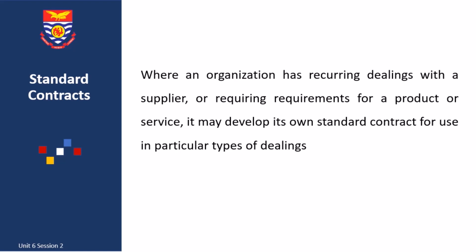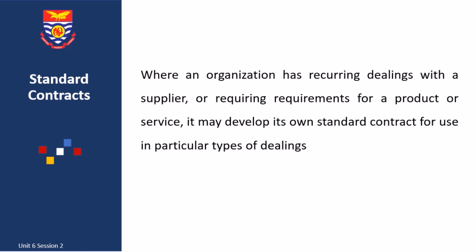Usually, where an organization has recurring dealings with a supplier or recurring requirements for a product or service, it may develop its own standard contracts for use in particular types of dealings. For example, a publisher might have a standard contract for authors, another for printers, another covering sale to book distributors, and another for the sale to bookshops.